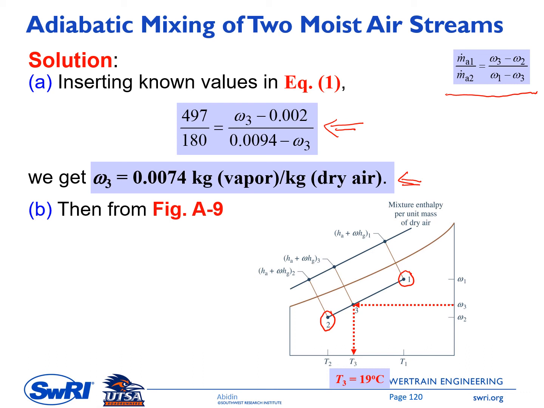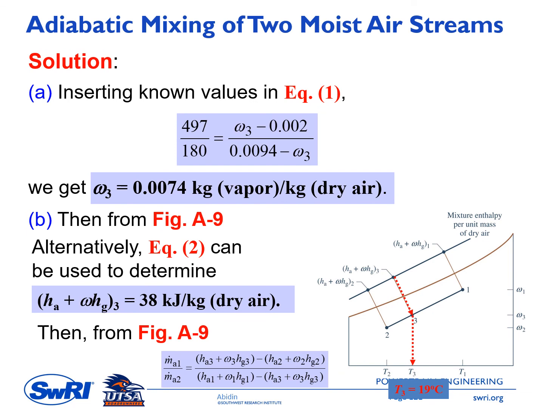Then you need to figure out where omega 3 is. You draw a line connecting state 1 to state 2, and then draw a horizontal line from omega 3 going to the left that crosses the line connecting point 1 and point 2, and this is state 3. Then by drawing a vertical line going down, you will get T3, 19 degrees C. So it is simple and quick using this option.